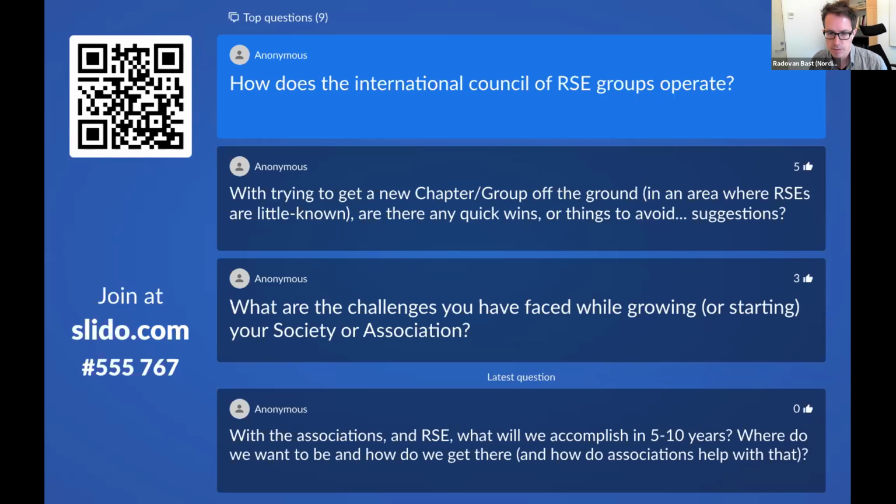So the council has been working on a code of conduct and a charter, to formalize its role and its mission. So hopefully that was an okay answer. It's really about exchanging knowledge, providing support for new chapters, really similar to what we are doing here today.